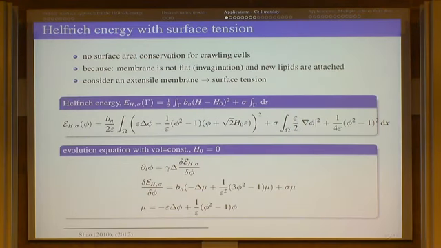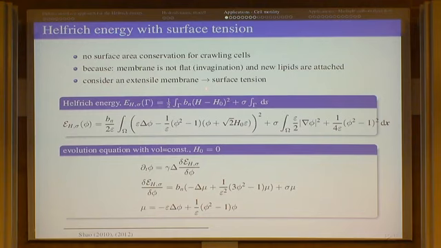Okay, but first, please note that the Helfrich energy has to be extended in a certain way for this approach. We don't have any surface area conservation of the cell membrane, because the membrane is highly in motion, and the membrane is not really flat at certain points, which is called invagination.